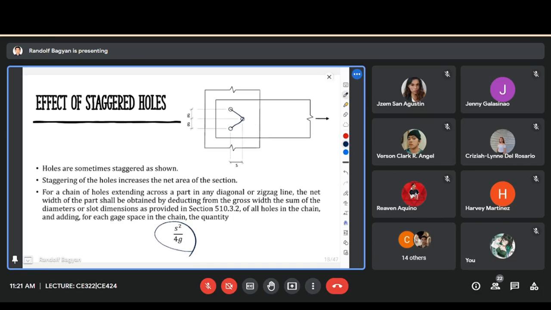Ano yung S? That is the center to center distance of our bolts, parallel to the load natin. Kung ito yung ating load P, o yung parallel na section sa kanya, center to center distance.